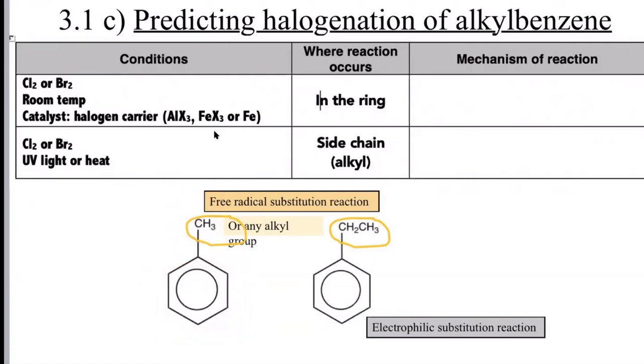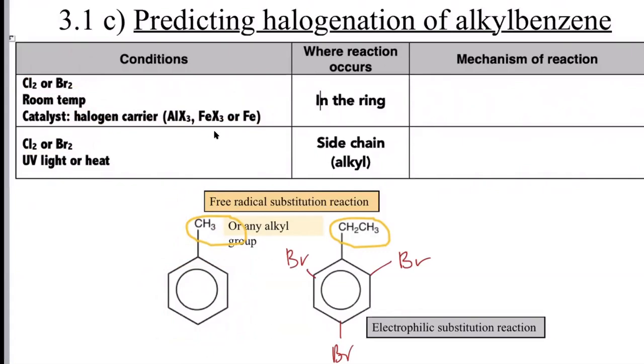So the reagent is the same, chlorine or bromine, but the condition is different. If you have a halogen carrier, then obviously the reaction occurs in the ring. That means you attach bromine directly on the ring.